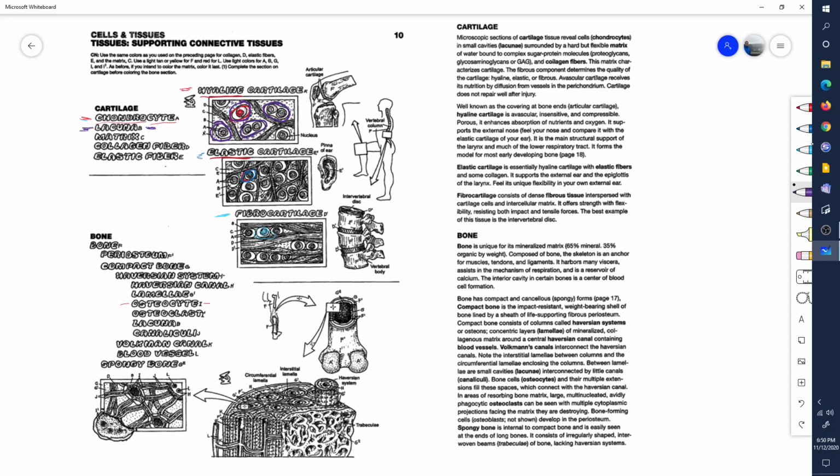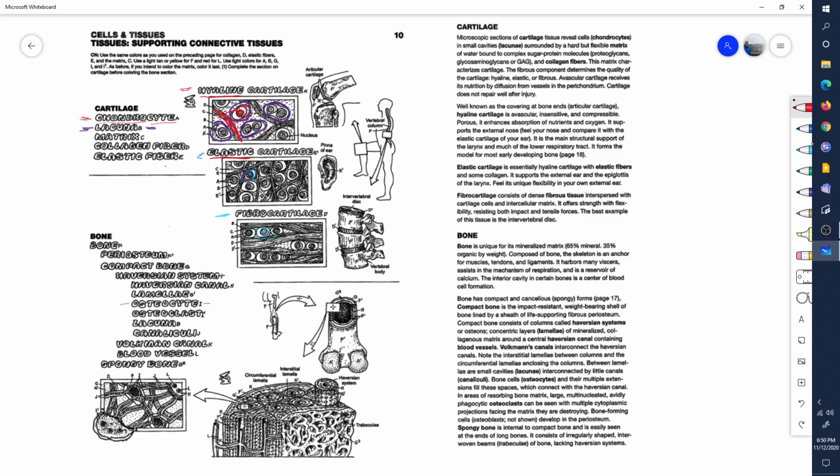Chondrocytes are these cells that are constantly making the cartilage fibers, and you can see the collagen fibers running through this cell. These are fibers of collagen. How did they get there?